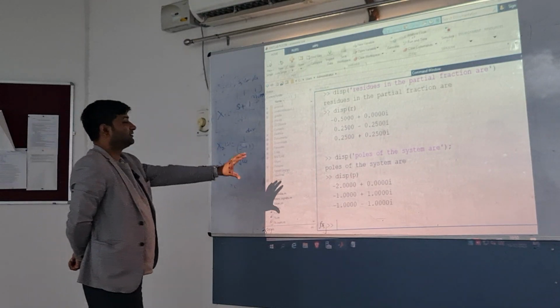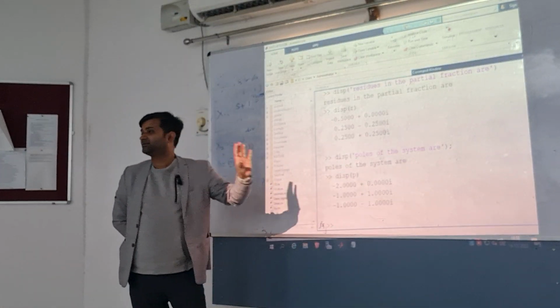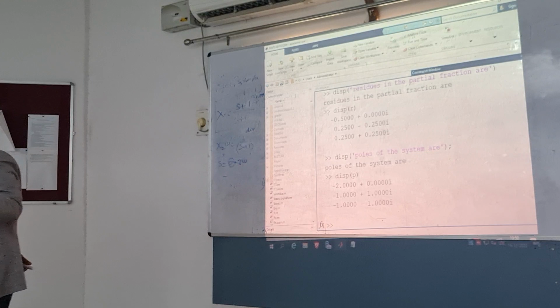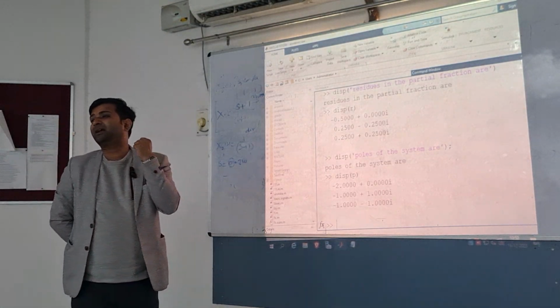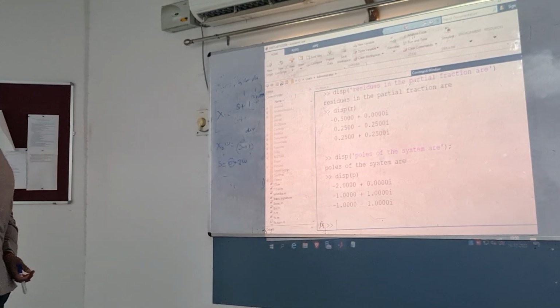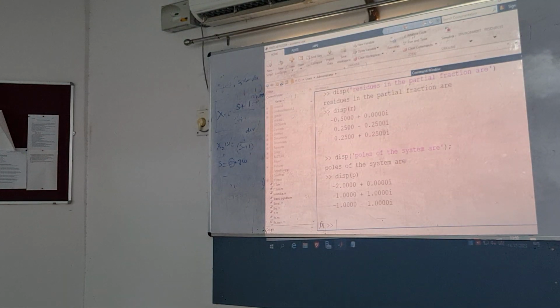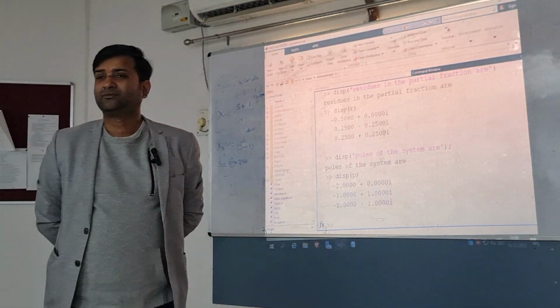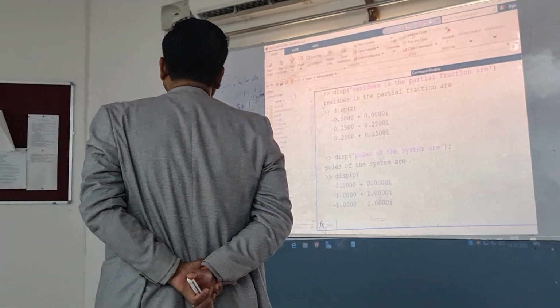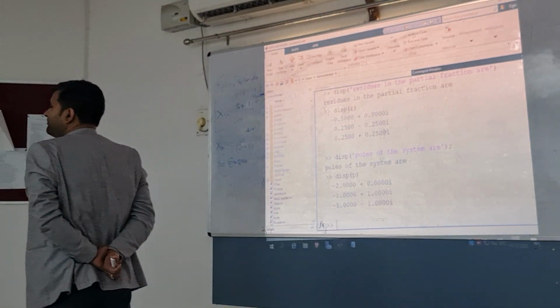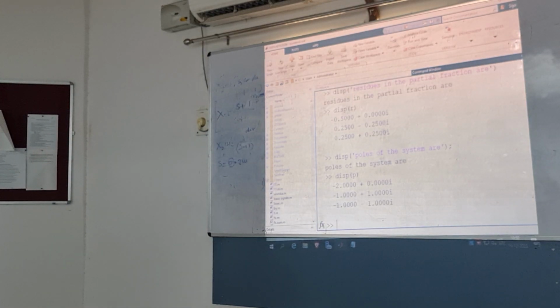Here, this is the pole of the system. ठीक. This is all about partial fraction to find out the inverse Laplace transform of given function. This is the partial fraction method to find the inverse Laplace transform.